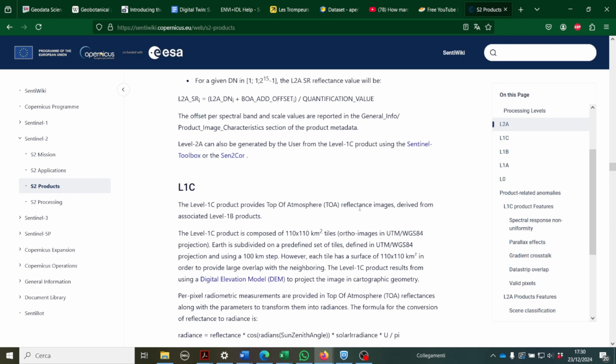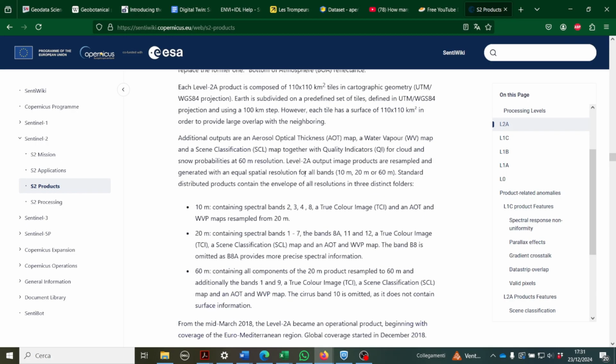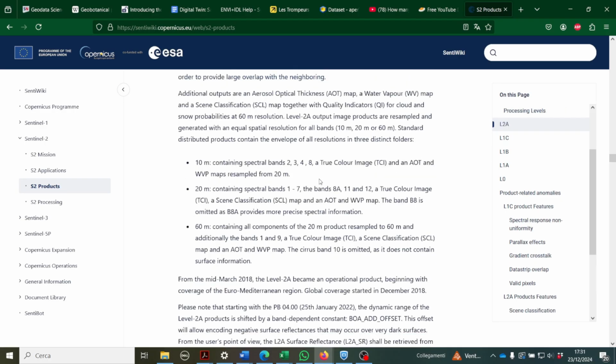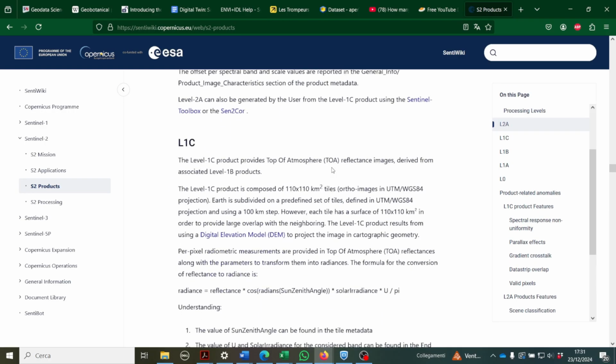Of course, if we are interested in monitoring or representing surfaces on the ground, we should go to the level of correction 2A, while if we want to understand whether there is any interference from the atmosphere, or we want to take into consideration the scattering of the atmosphere, because we maybe want to use some atmospheric correction models that are more suitable for our application, we should use this L1C.